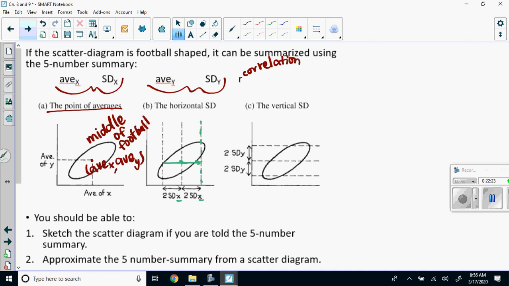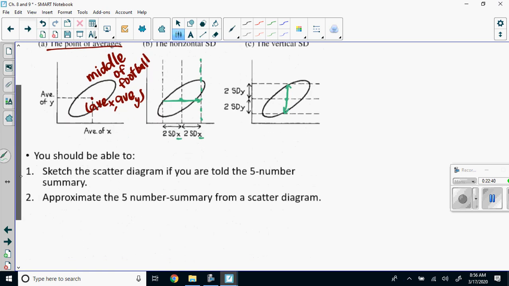You can also take your point of averages and go 2 standard deviations above and 2 standard deviations below to get the edges of the football vertically as well. So that's going to be your y, because that's the vertical standard deviation.